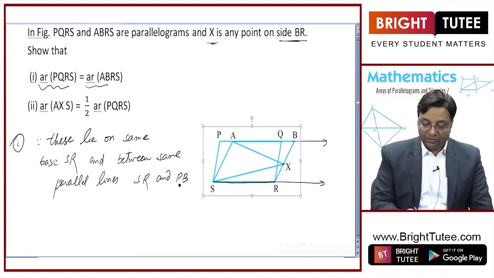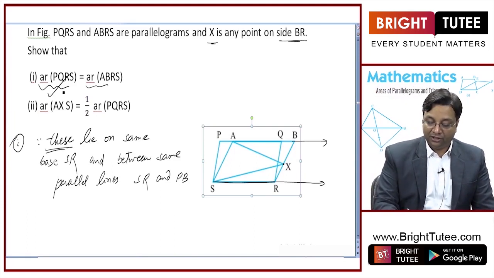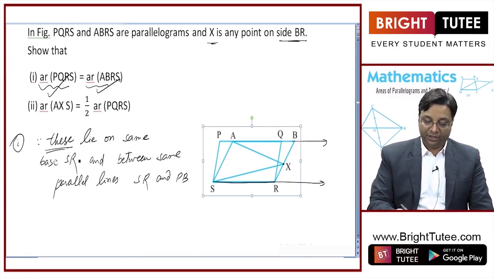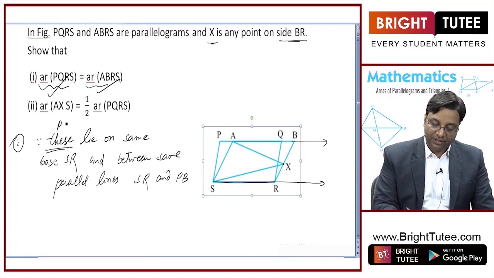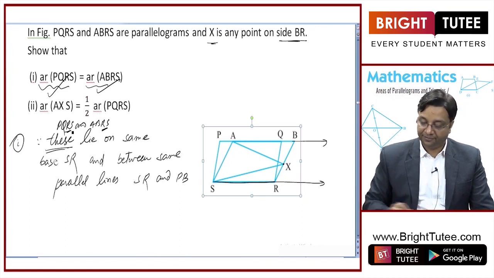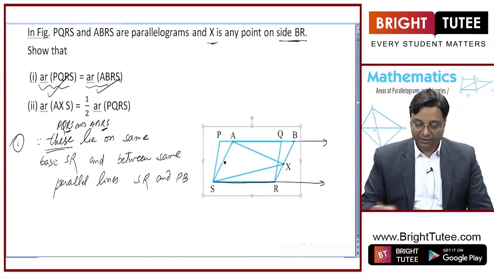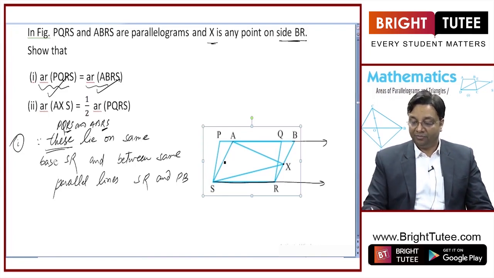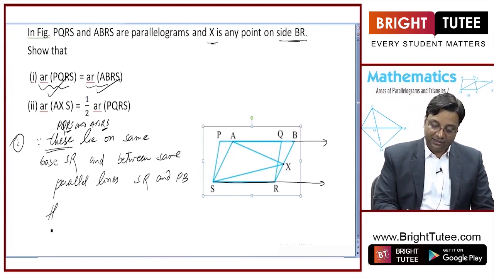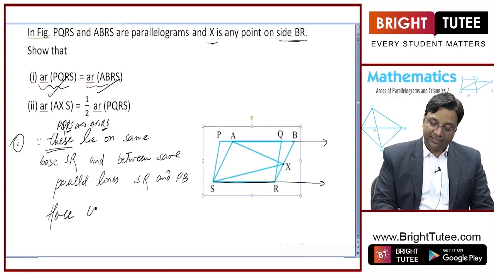So, I am talking about these two parallelograms, PQRS and ABRS. These lie on same base RS, and between same parallel lines PB and SR. Hence, their areas are equal.